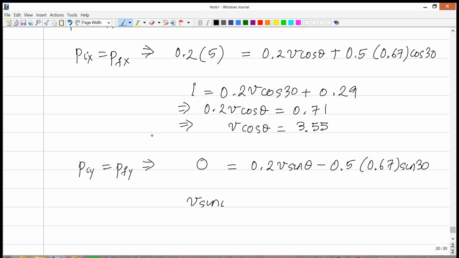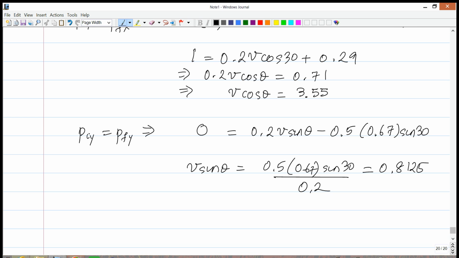We get v sine of theta is equal to 0.5 times 0.67 times sine of 30 divided by 0.2, and what do we get? This gives us 0.8125.